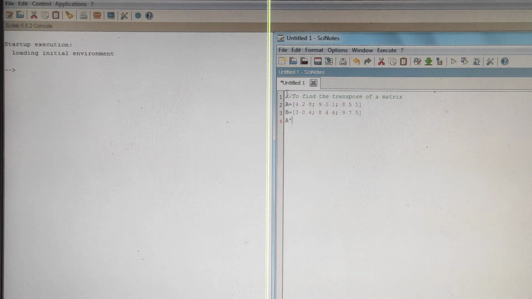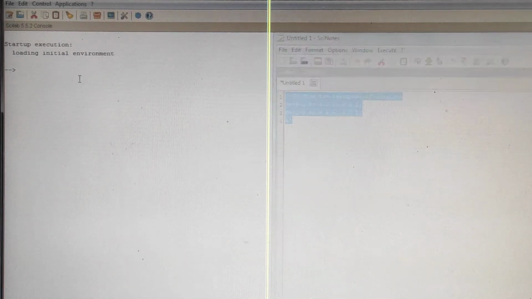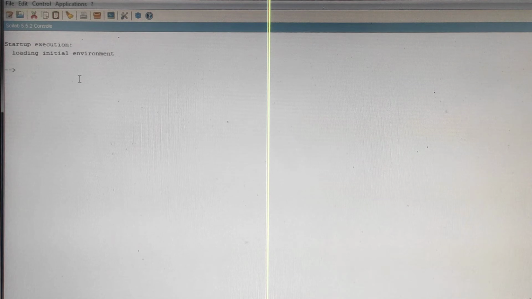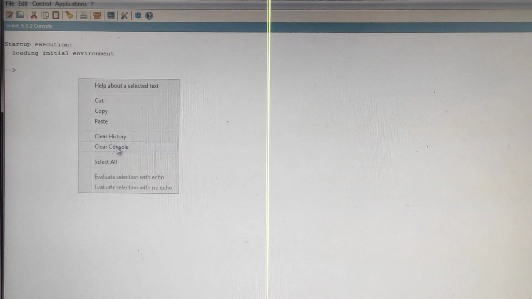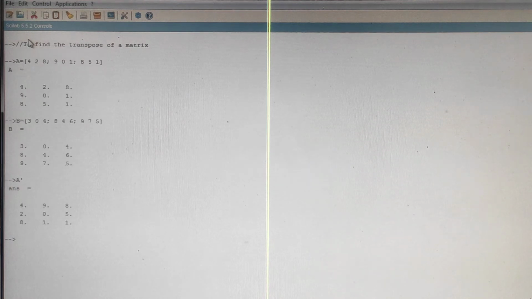I am copying this one. Simply paste here, and by right clicking the mouse you will get clear console and clear history also. Then paste here, Control V, then simply press the enter key.